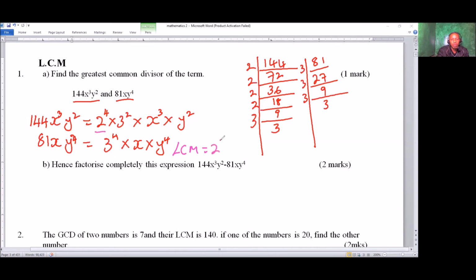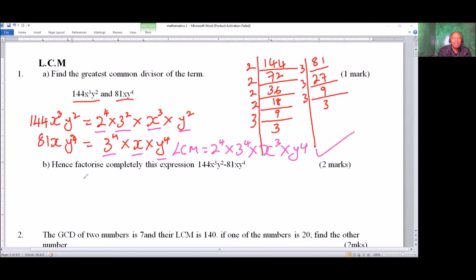So this is 2 to power 4 multiplied by 3 to power 4. We multiply x, here we have x cubed, and here we have x to power 1. So we take x to power 3 multiplied by y, we have y squared and y to power 4. So we take y to power 4. So that is the LCM.